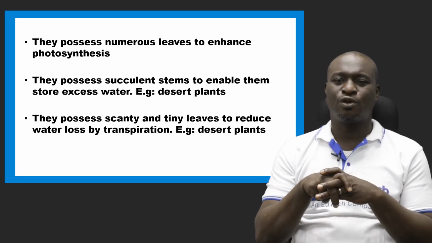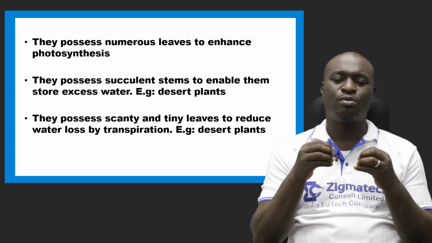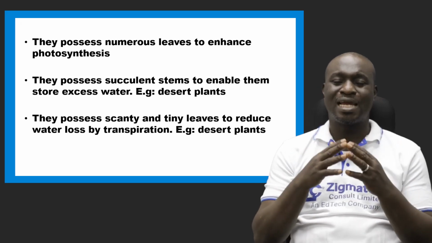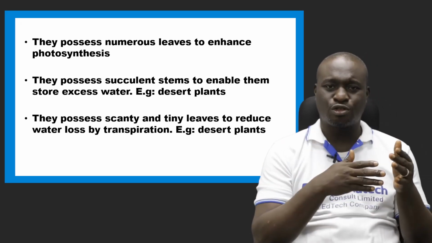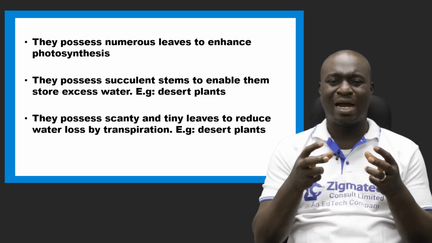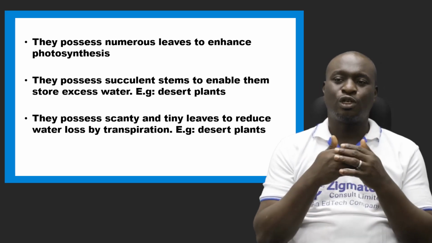Another adaptive feature is that they possess what we call succulent stems to enable them to store excess water. Now, you see that mostly in desert plants like the cactus. You have the oleander, and so many of them possess succulent stems.